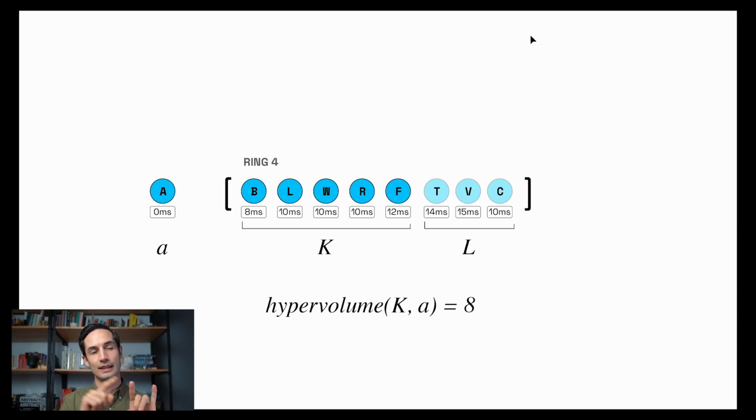What you'll do then is iteratively try to substitute in combinations of L to find the highest volume you possibly can. The highest hypervolume you can come up with is the highest geographic diversity that you can possibly simulate, given the nodes you have on hand. So you may drop nodes or swap in from L to K based on what is the most optimized set that is geographically diverse. We'll get into why in a bit.